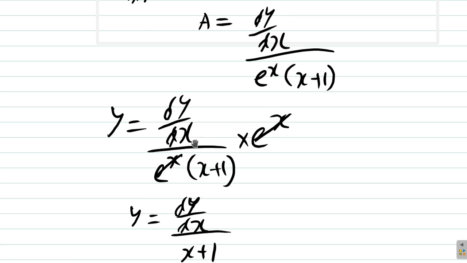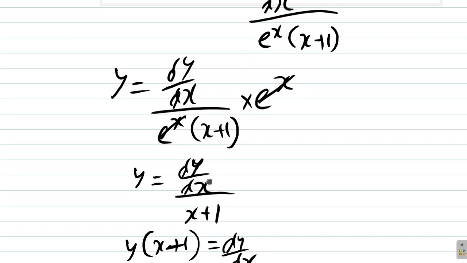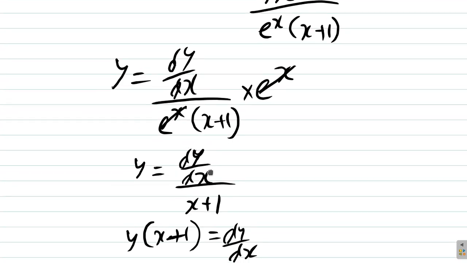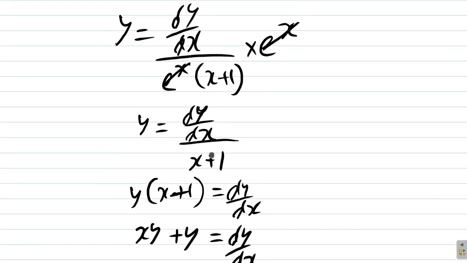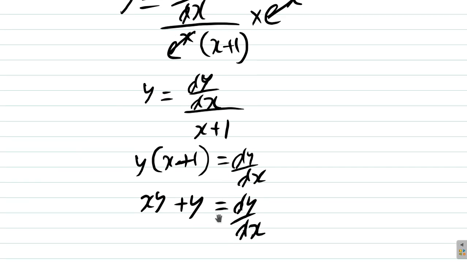Then e to the x is eliminated. So we have x y plus 1 equals dy by dx, good.